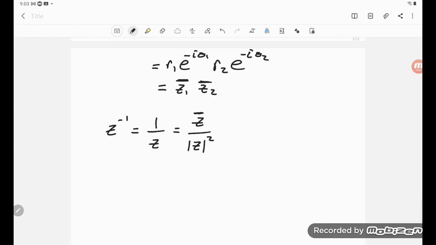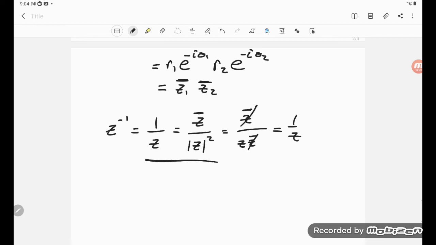Okay, now that's not amazing. That's quite easy to show in that notice that z bar over the absolute value of z squared is just z bar over z z bar, and from a previous property up above, z z bar cancels with z bar and you get the 1 over z.